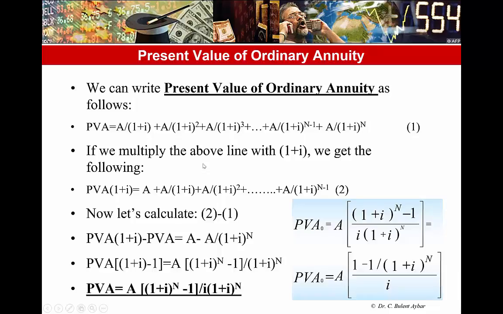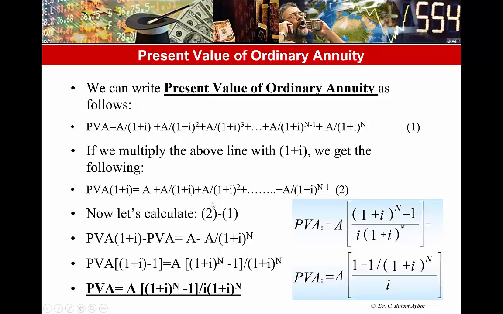So this is our first equation. We multiply this equation with 1 plus I to get this equation 2. When we do that, the first term in the equation turns into A, because we are multiplying this with 1 plus I. The second term turns into A times 1 plus I, because on the denominator there's another 1 plus I, so one of the 1 plus I's in here cancel out.